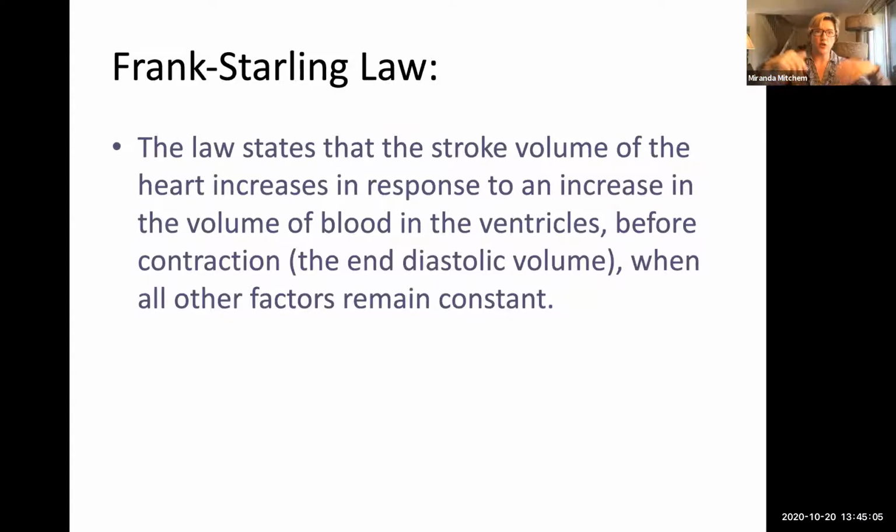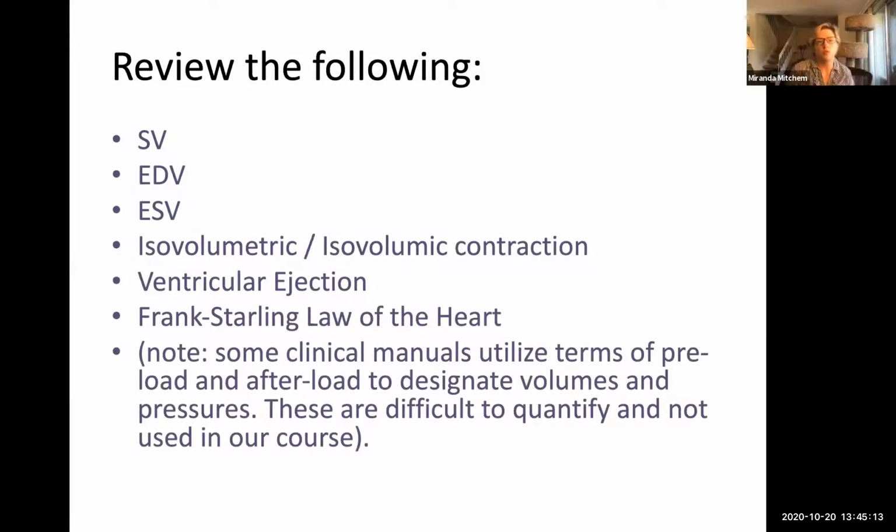We have enough pressure to open the valves so that the blood can move through. That's what stroke volume is. Okay, so there's a relationship between stroke volume and pressure. So these are some of the terms I'd like you to focus on throughout these two chapters, and I'll bring them up as we continue to go through.